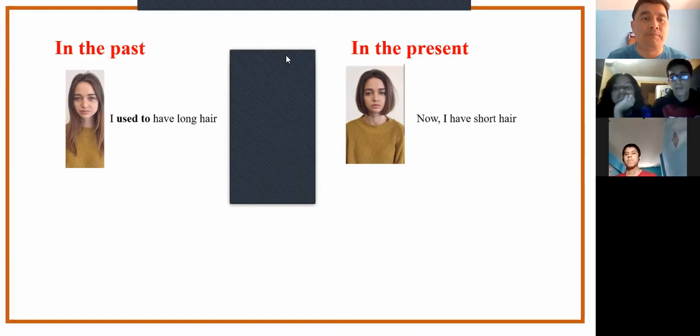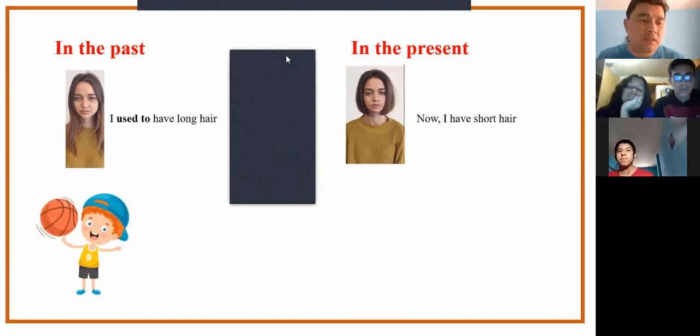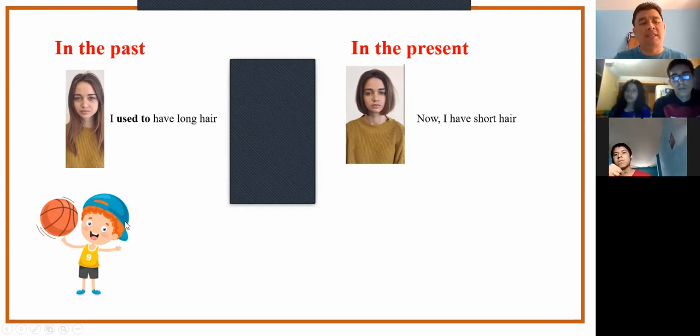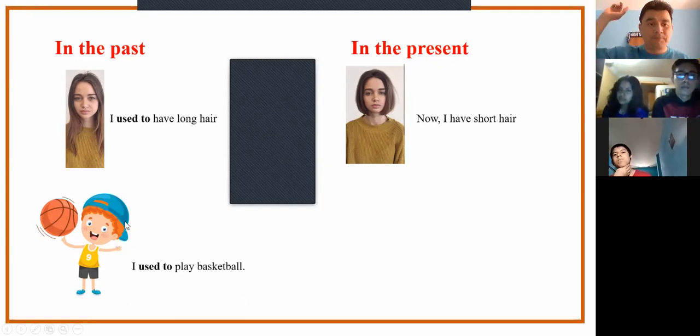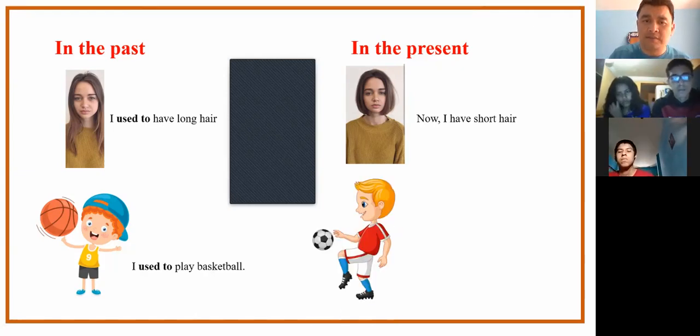Next one, another example. For example, the kid. Sebastian, what is the kid doing? You see him? What is he doing? He's playing basketball. Good, correct. He's playing basketball. So in the past, I used to play basketball. Excellent, good. I used to play basketball. And Marcelo, in the present, you see the present?